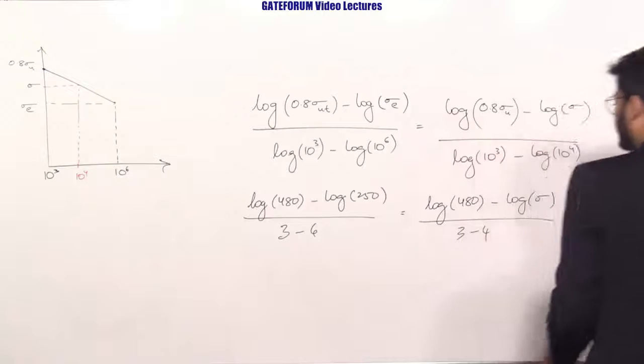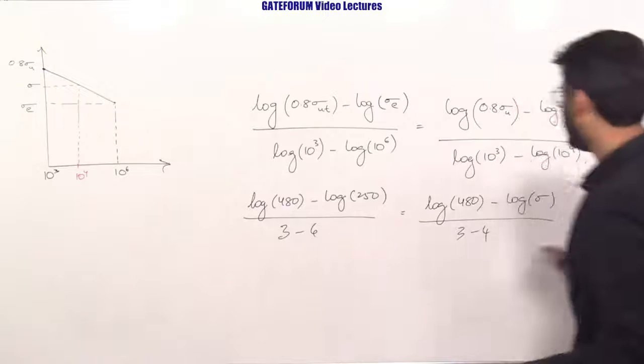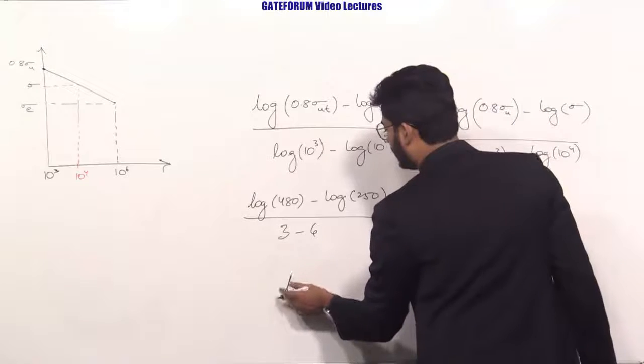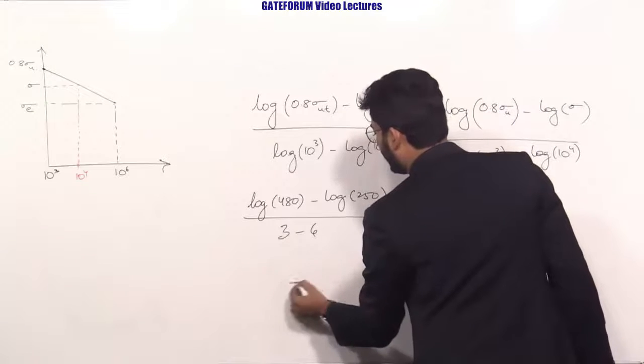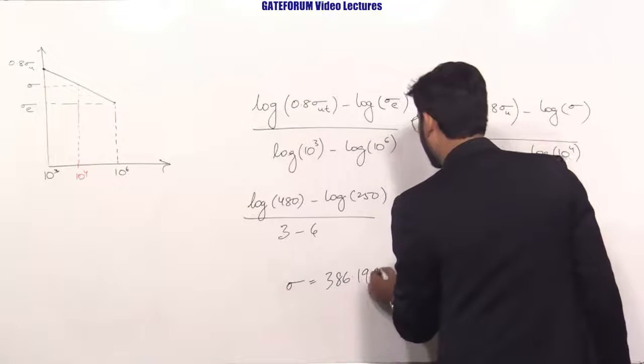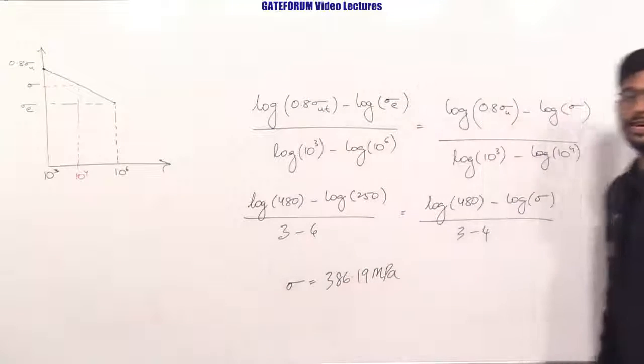Now you are only required to solve for log sigma. Upon solving for the sigma value, the sigma value will be 386.91 megapascal. Okay, this is the end of the answer.